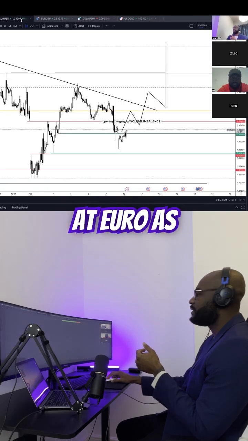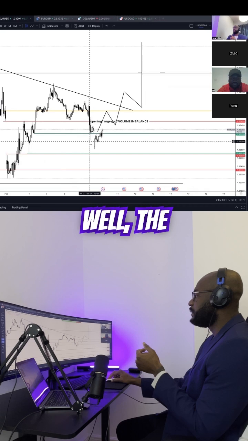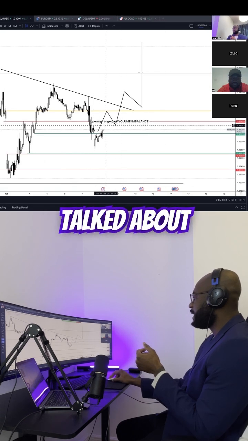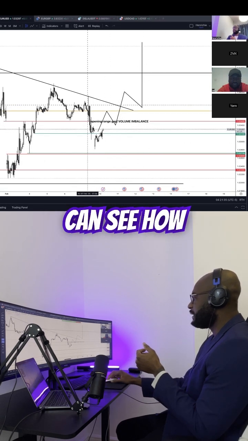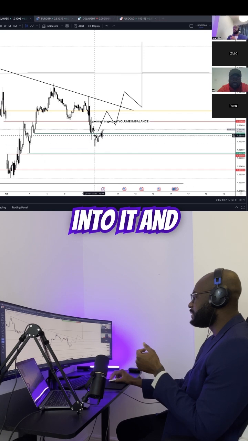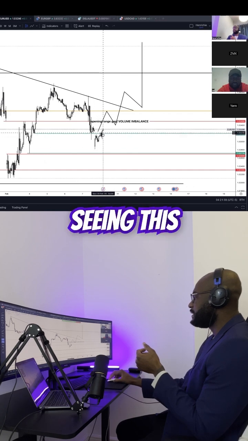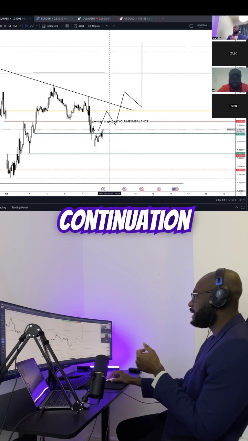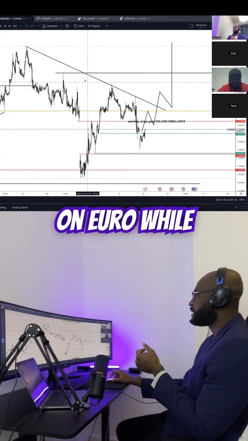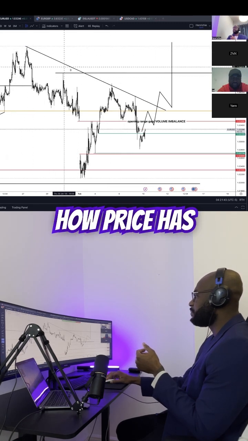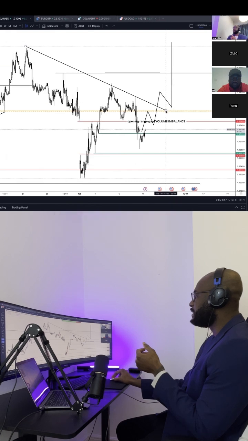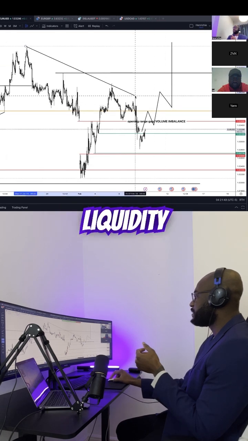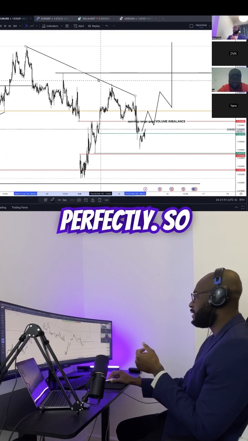Now, having a look at Euro as well, the opening range gap and volume imbalance we talked about last week, you can see how price dipped into it, and we're just seeing this reaction. I personally would like to see a continuation to the upside on Euro. Why? You can see how price has nicely been lining up this low resistance liquidity here, lining that up perfectly.